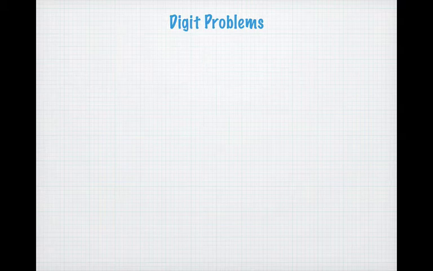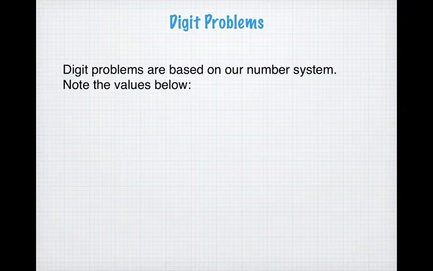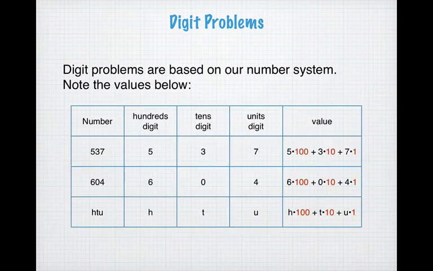Before we get into the problems themselves, I want to talk about digit problems a little bit. These digit problems are going to be based on our number system, and I want you to look at these values below. So you have this chart, which you can fill in on your worksheet there. And if we have a number like 537, note that the hundreds digit is 5, the tens digit is 3, and the units digit is 7.